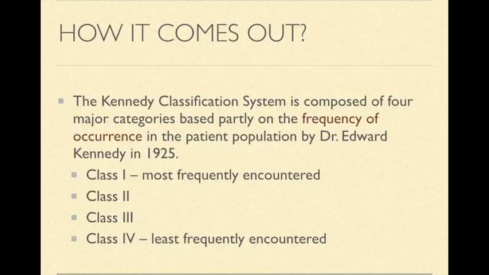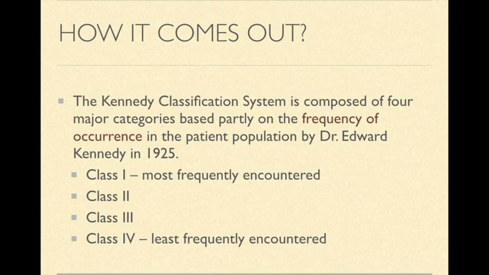Okay, so let's talk about the Kennedy classifications now. Where did the classification come from? The Kennedy classification system was formed by Dr. Edward Kennedy in 1925. Because we need to have a general term which we can use to discuss cases with our colleagues, we use this classification to define the edentulous areas.